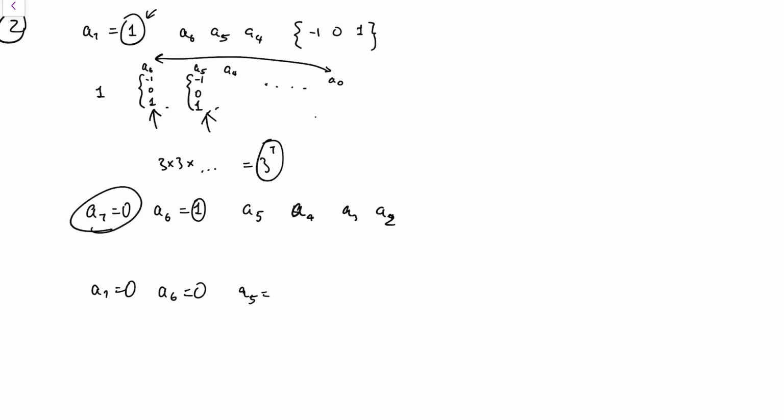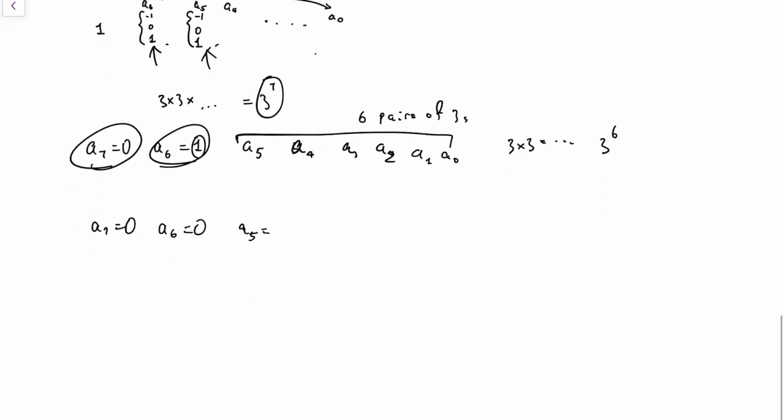And then if you have a7 is 0, a6 is 1, from a5 all the way to a0, there are 6 different pairs of 3s. So 3 possibilities, 3 different choices. So 3 times 3 times that would be 3 to the power of 6.